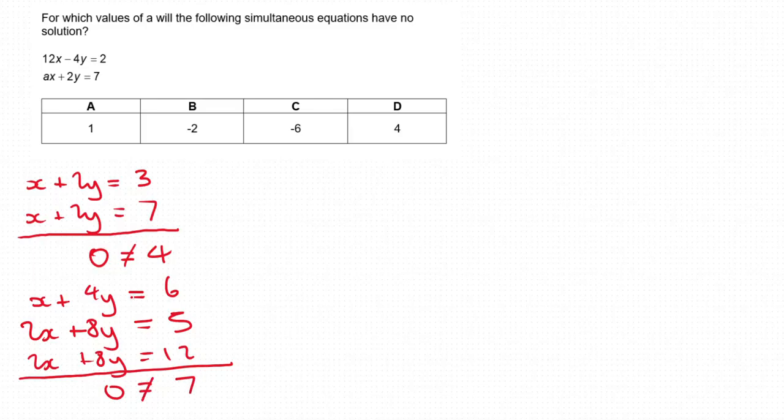So what we can see then is that if these are the original two equations, and the coefficients of x and y are either the same or one is a multiple of the other, then you are going to get no solution. That is, if the constant term obviously mustn't be the same.